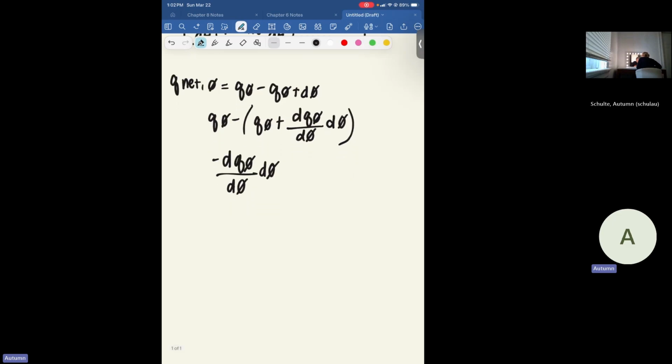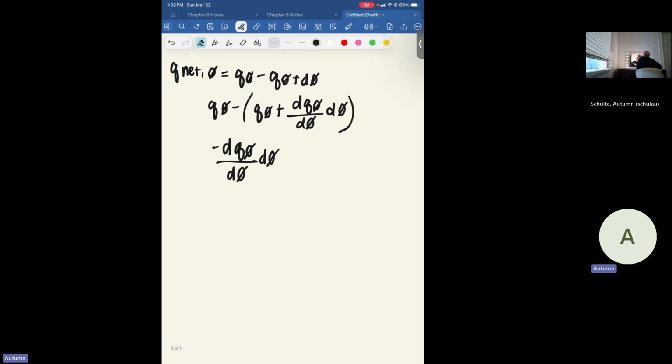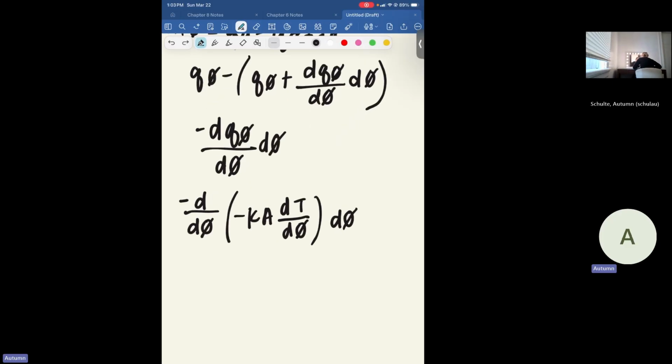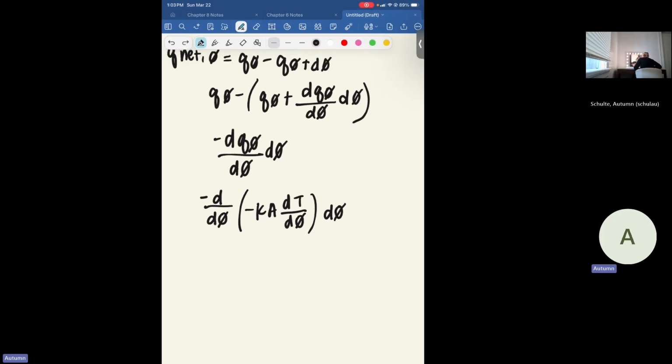Now we're going to plug in our Fourier's law. So this is going to be negative the derivative with respect to phi multiplied by negative the thermal conductivity multiplied by the area multiplied by the change in temperature with respect to phi times d phi. And again, this is with respect to an angle and not a position.